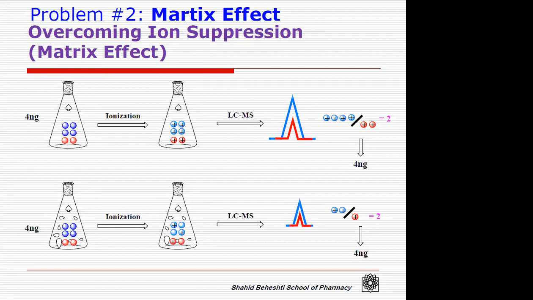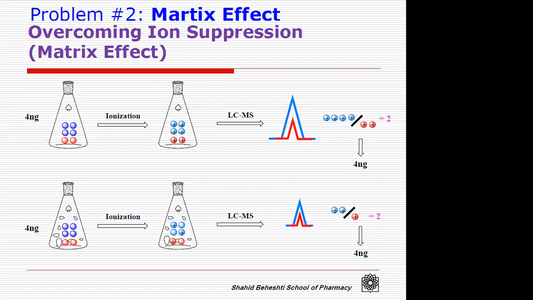Now, let's say we have the phenylalanine in blood, and we have the same numbers as I explained in the above sample. But now we have other components of the blood competing with our analyte, which is phenylalanine, and they have higher proton affinity than phenylalanine. So they use part of the protons that we have in the solution. And the same scenario will happen that I explained in my previous slide.